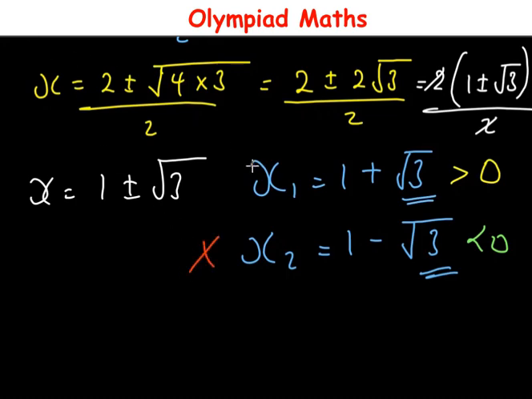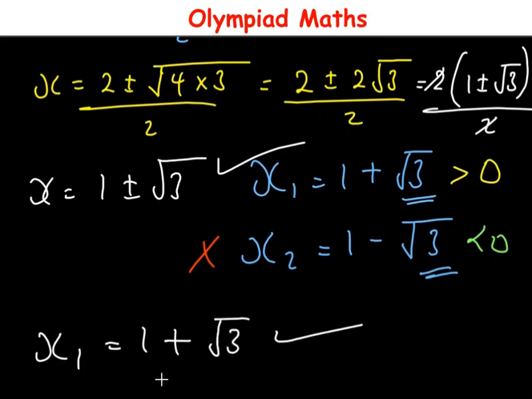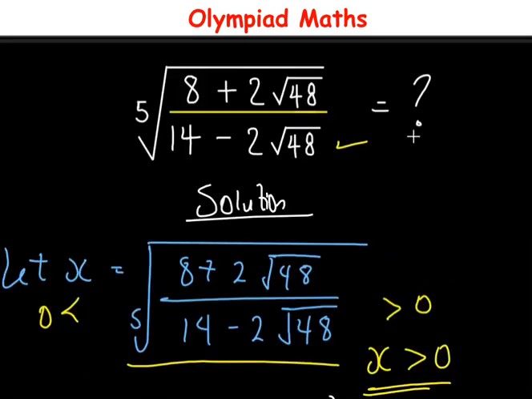Instead, the first value of x is the correct solution for this given question, that x1 equals 1 plus root 3. This is the correct solution for the given question. The final answer is 1 plus square root of 3. This is the only one that satisfies the value of x to be greater than 0. So this is the final answer to the given question.